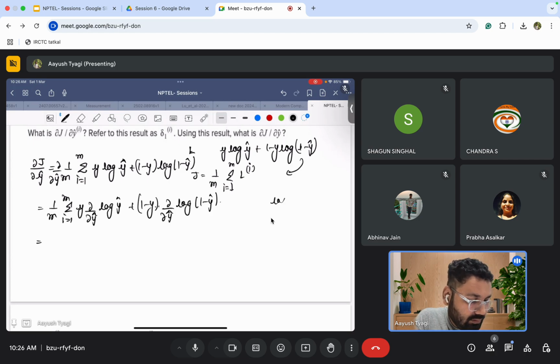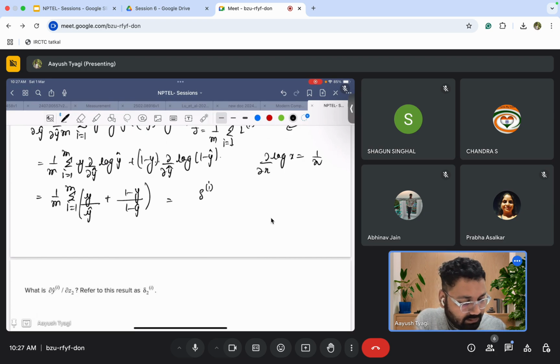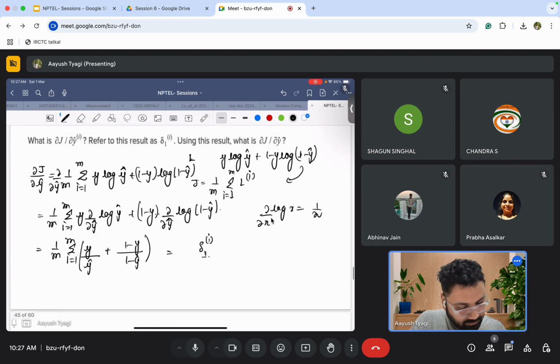The derivative of log of x is basically 1 upon x, right? So y by y hat plus 1 minus y over 1 minus y hat. This we will denote as delta 1, and it is delta 1 i because we are computing for all the i's.